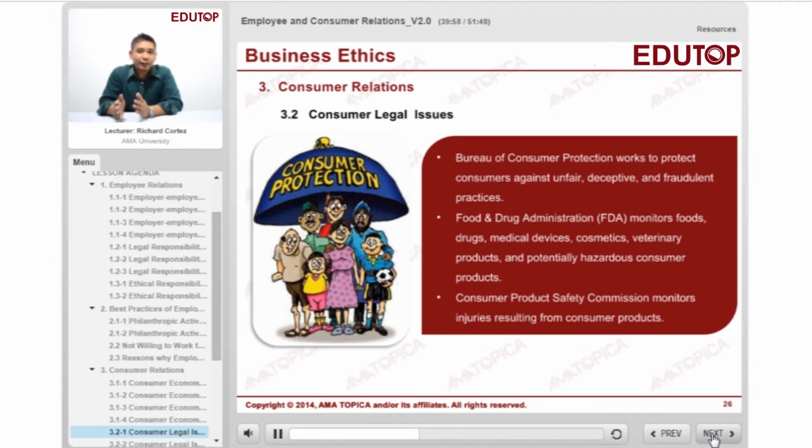So companies should be aware that they are being monitored. For example, the Bureau of Food and Drugs in the Philippines, in the country, protects the consumer by making periodic check-ups or tests of the products of the company, whether the company is producing products that have harmful or toxic chemicals in the product.